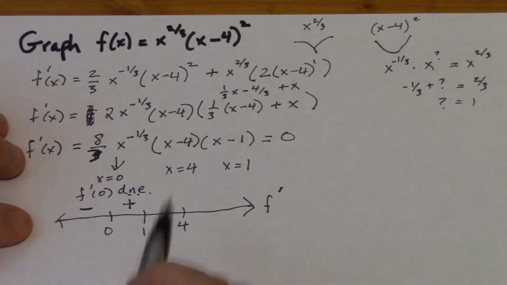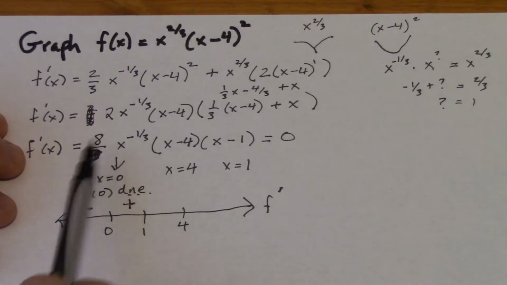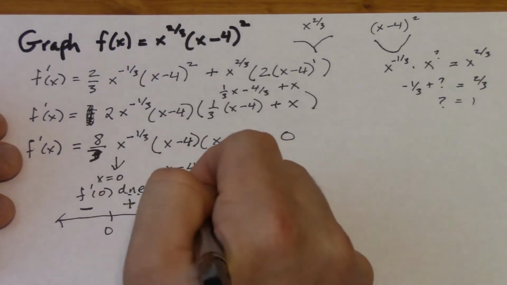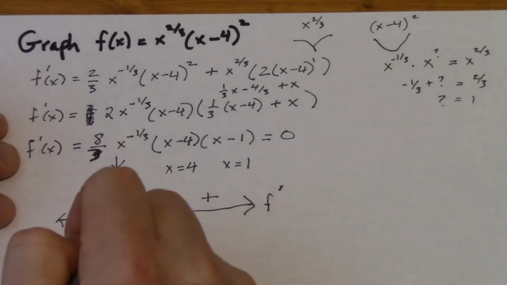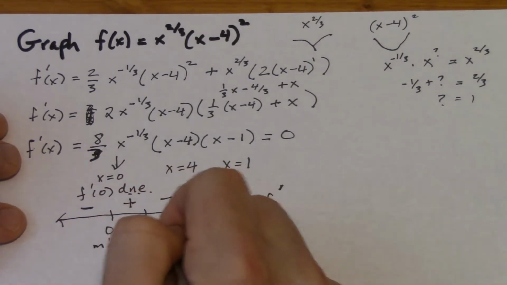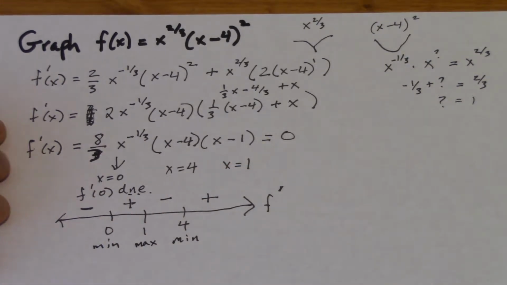And when I plug something between 1 and 4 in, that's positive: the x to the negative 1/3 is positive, but that's negative. And lastly, when I pass 4, all of them are positive. So that means we're expecting a local min here, a local max here, and a local min there. Okay, so that's what our first derivative test tells us.